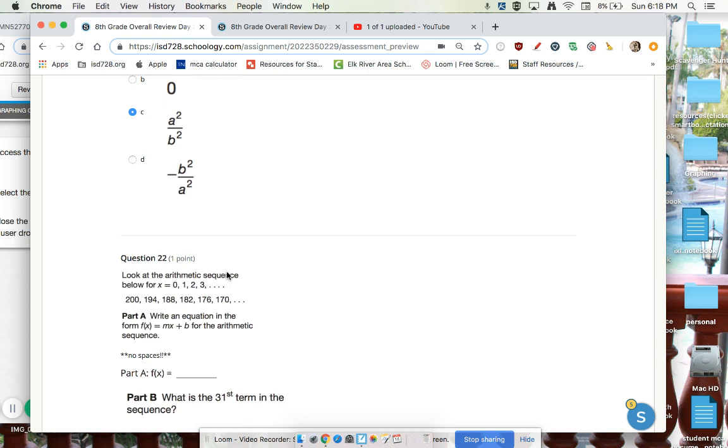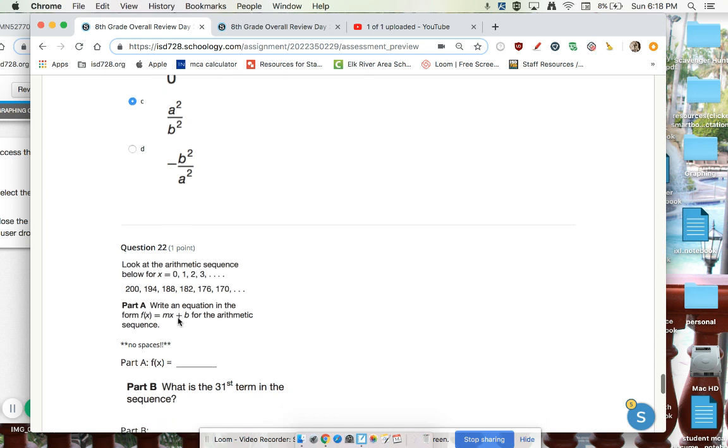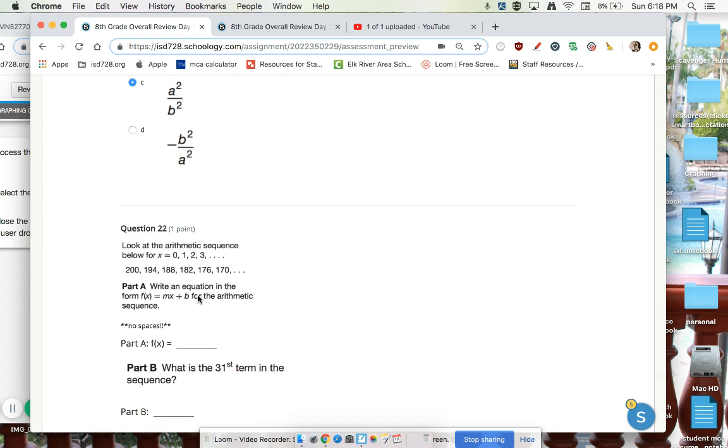22. Okay, so look at the arithmetic sequence below for x is 0, 1, 2, and 3. Write an equation in the form f of x is equal to mx plus b for the arithmetic sequence, no spaces. So I have the f of x started for you here. It's the same as y equals mx plus b.